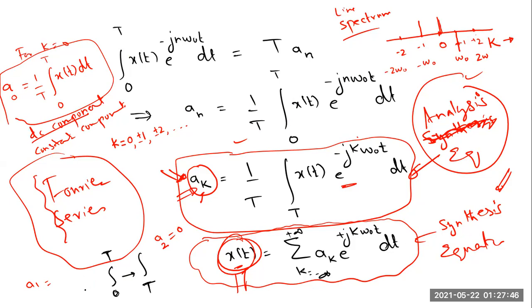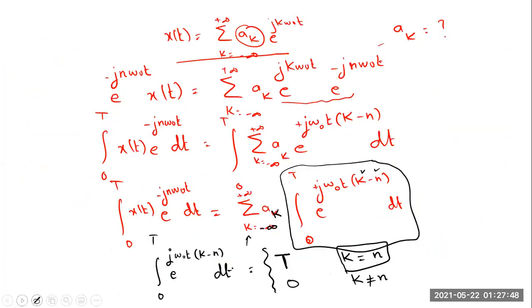And the reason, if I go back to this one, I mentioned that for k equal to 0, this integration will give you T. So even if you integrate not from 0 to T, but over any time interval of one period, you will still get the same.